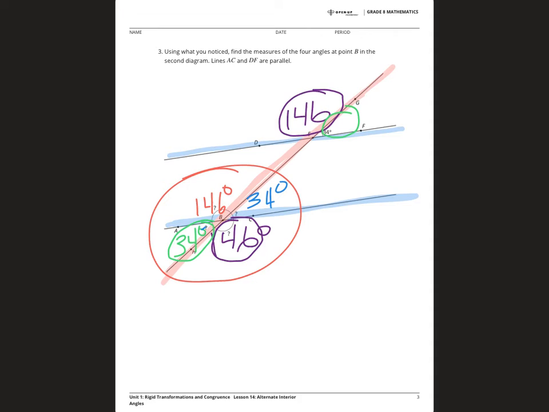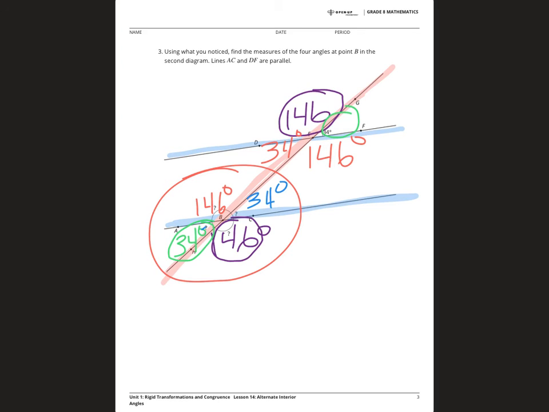You're welcome to fill the other ones in. These are 34 and 146. You have to be able to explain, especially in the test, how you get those. So our main ones are going to be alternate interior, alternate exterior, vertical, and then angles on a line. Angles on a line are supplementary because they're 180 degrees, okay?